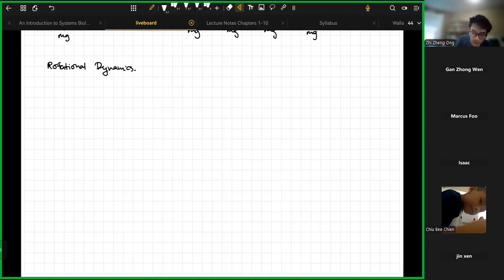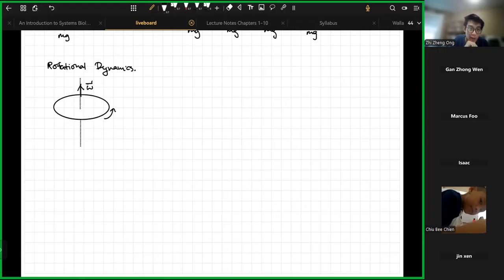So if you have something in circular motion that rotates, this will be the angular velocity, whose direction is dictated by the right hand rule. Last time we talked about the angular displacement, angular velocity, angular acceleration.